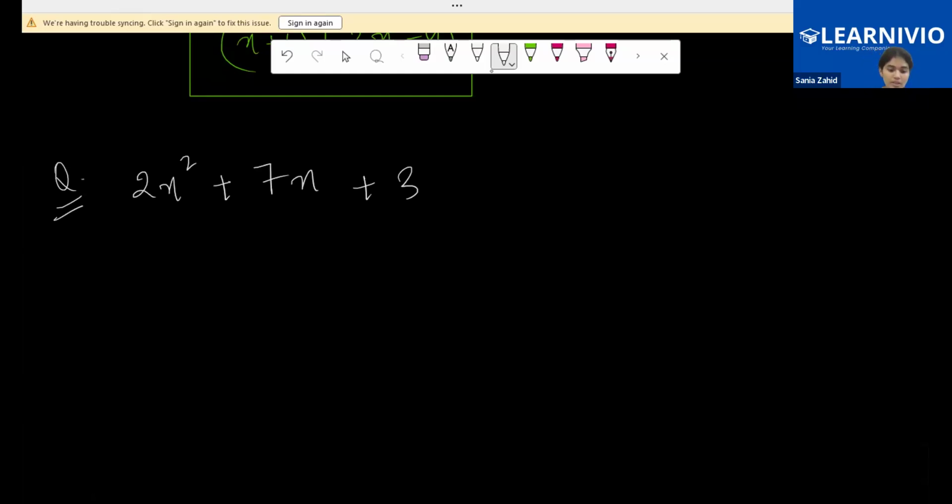Children, 1 second. We already did this question. Don't write this. We already did this. Okay. You can just take this question: 2x square plus x minus 15. We didn't do this, right? No. Okay, you can do this.